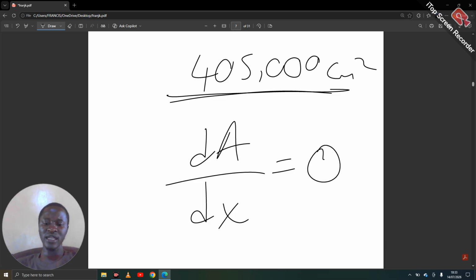Now, the word maximum or minimum goes with area or dimension or value. Sometimes the word maximum or minimum can fail to be used by an examiner. But in most of the questions you'll do, you'll encounter minimum and maximum.